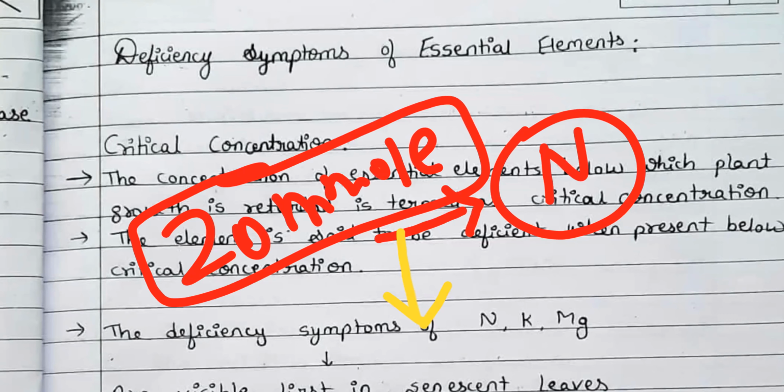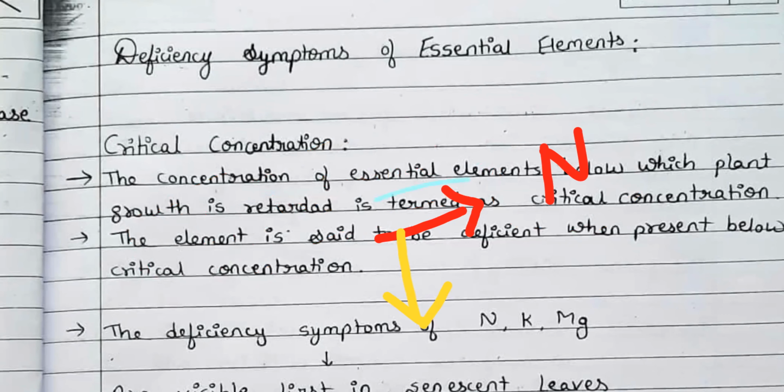So we consider these morphological changes when the minimum concentration of that particular element is not given. Below that concentration level, the plant growth starts retarding, the growth inhibition process starts.